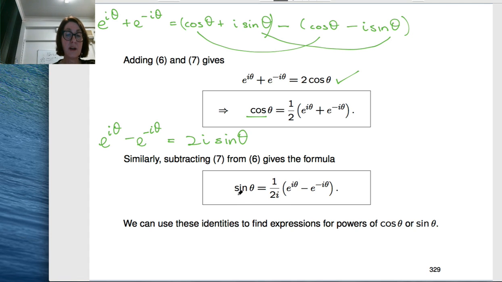And then if I rearrange that in terms of sine theta, I get 1 over 2i times e to the i theta minus e to the minus i theta. And now we can use these different identities to find expressions for powers of cos or sine.